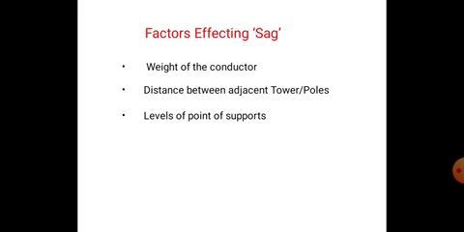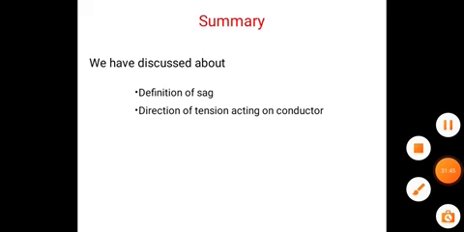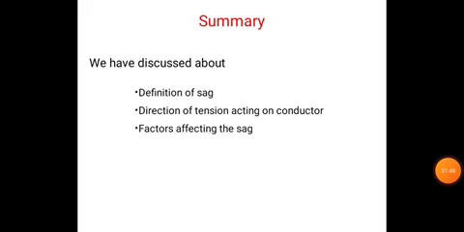Wind pressure: the greater the wind pressure, the more will be the swing, and the sag increases. The distance between adjacent poles, level of points of supports, and wind pressure also matter. So we have discussed the definition of sag, the direction of tension acting on the conductor, and the factors affecting the sag.